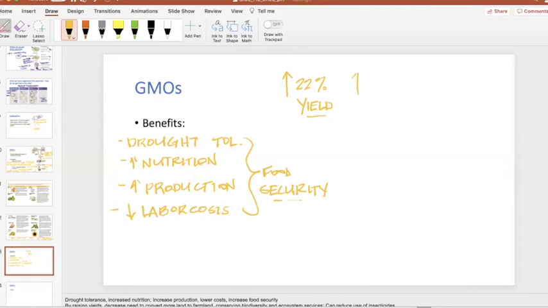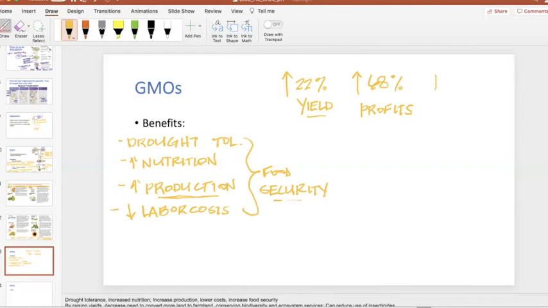You also increase your profits by something like 68%. Now, why would that be? Well, you've increased your yield, but you've lowered your production costs. For example, if you are planting corn that is Roundup Ready, that means you don't have to hire someone to weed your cornfield. You can instead just spray an herbicide like Roundup to get rid of the weeds.